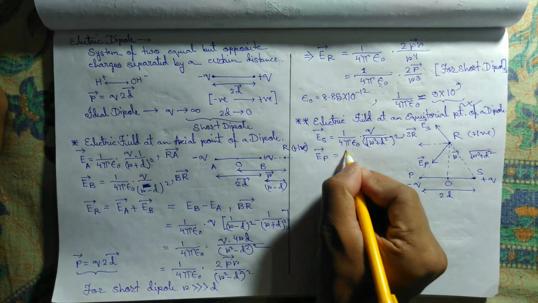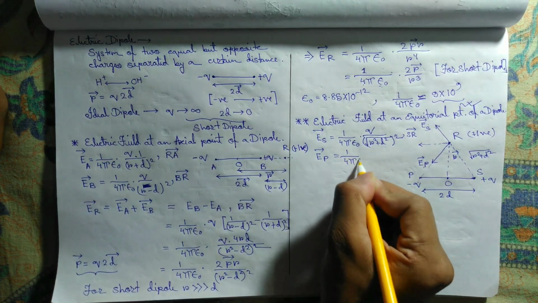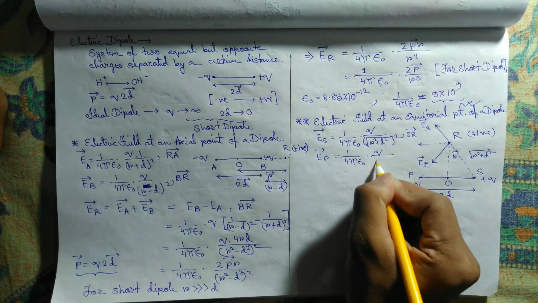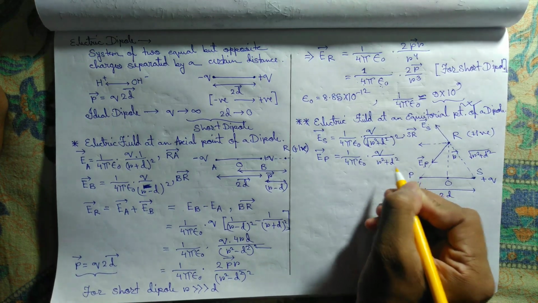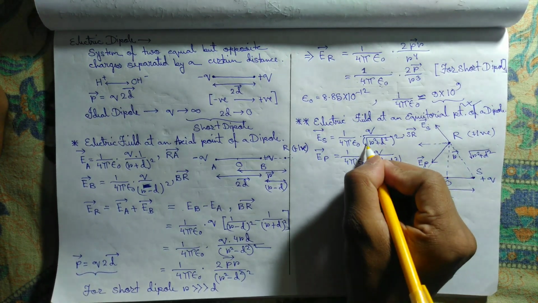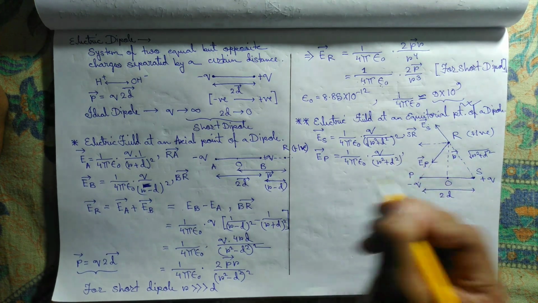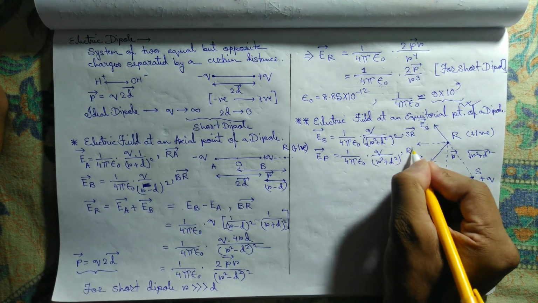So EP will be the same, R square plus D square. Why? Because the square and root will cut down, so it will be just that, and the direction will be along RP.